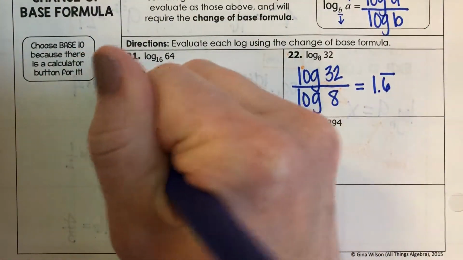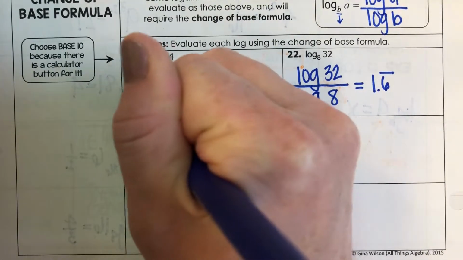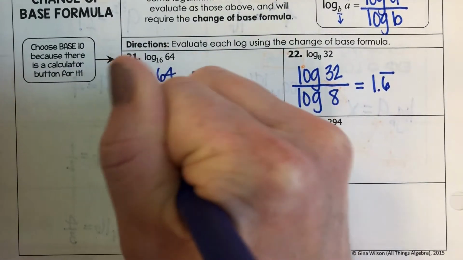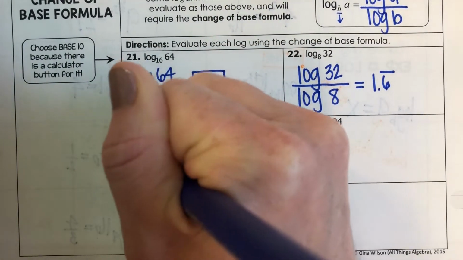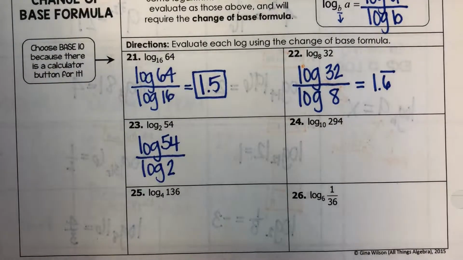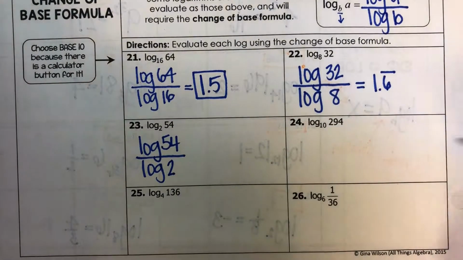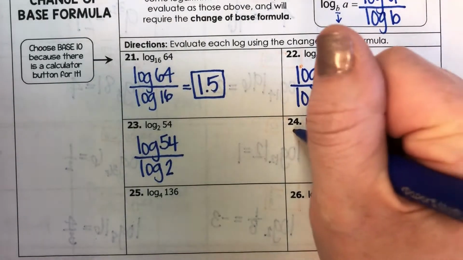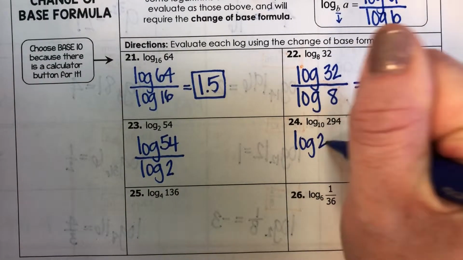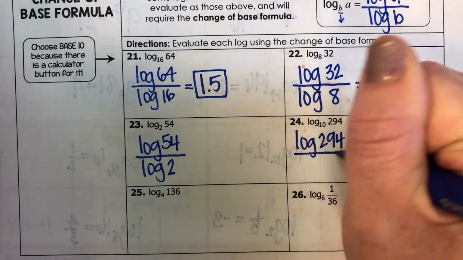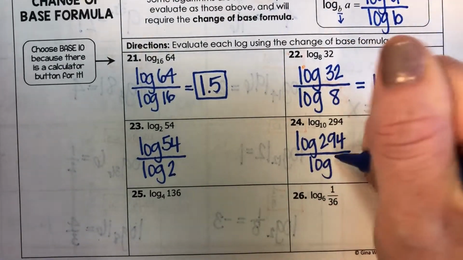I have log of 54 divided by log of 2. To set up the remaining problems, I have log 294 divided by log 10.